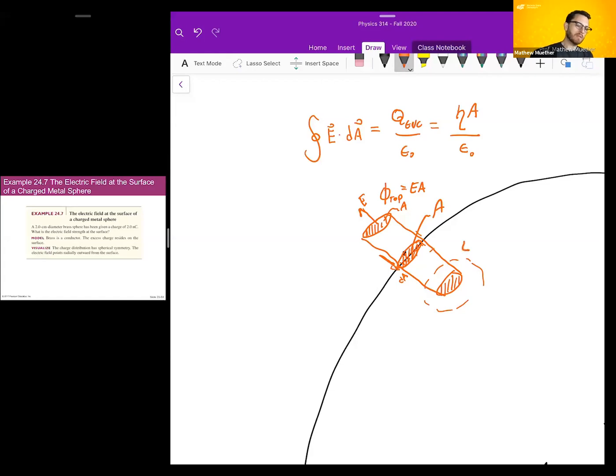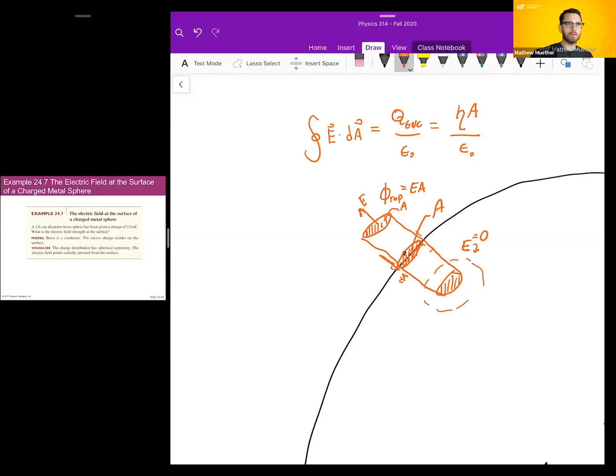What's the electric field here? How about this question: what is the value of the electric field in this conductor? Do we already know that? We've been describing it. What is the electric field inside of a conductor? Yeah, 0. I'm getting people telling me 0. Because I'm inside of a conductor, I know the electric field has to be equal to 0.